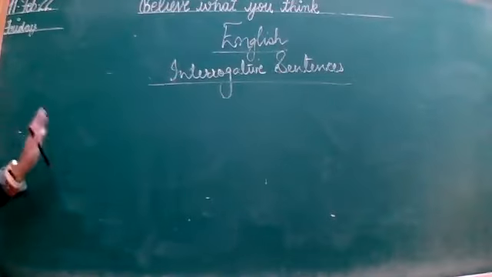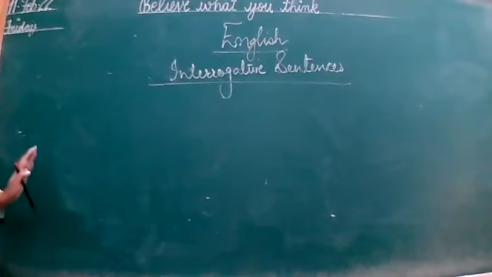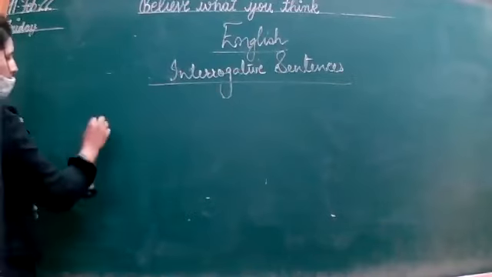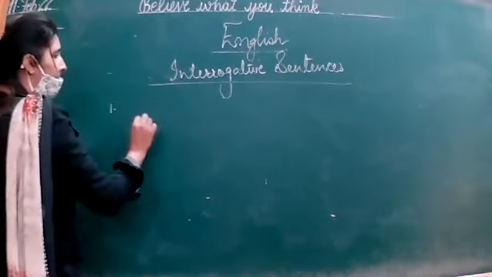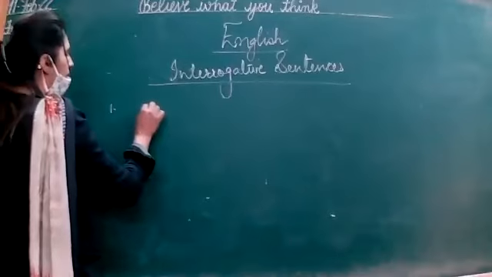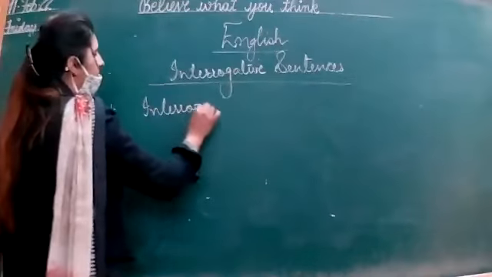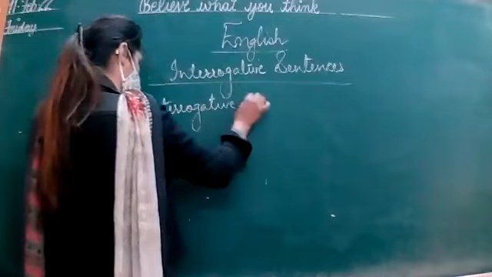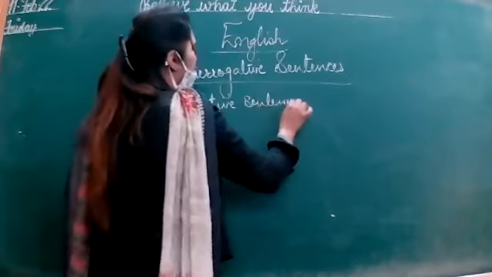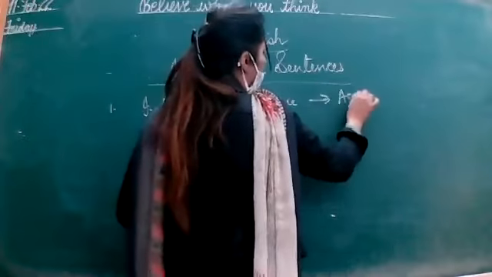So what are the rules? Let us first revise the rules if you have forgotten. First of all, the interrogative sentence is changed into assertive.